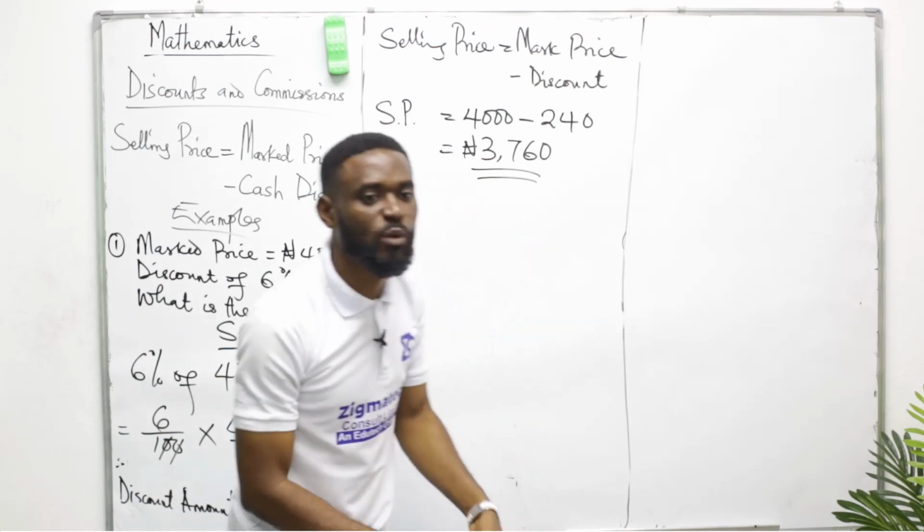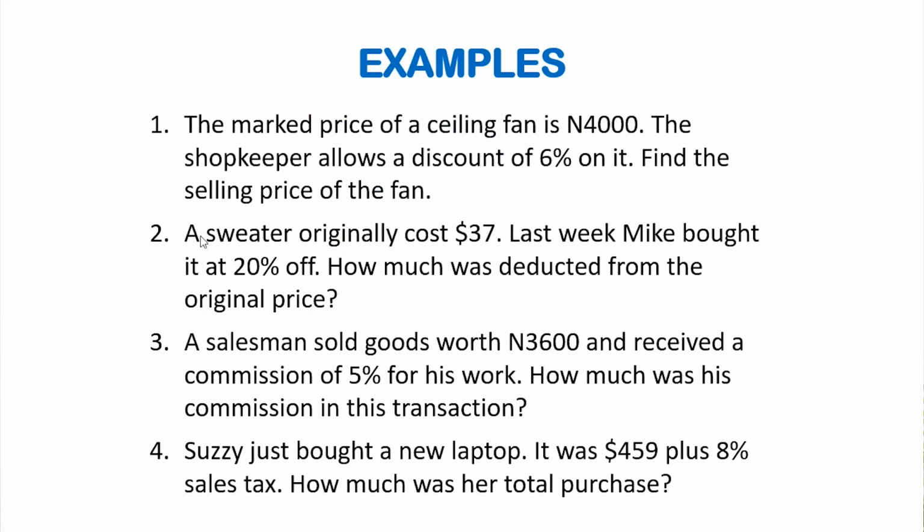The next one says, number 2, a sweater originally costs $37. That is the cost of a sweater. Last week, Mike bought it at 20% off the price. Now, I put that the price, but the price is not there, but you should understand that they are talking about the price.